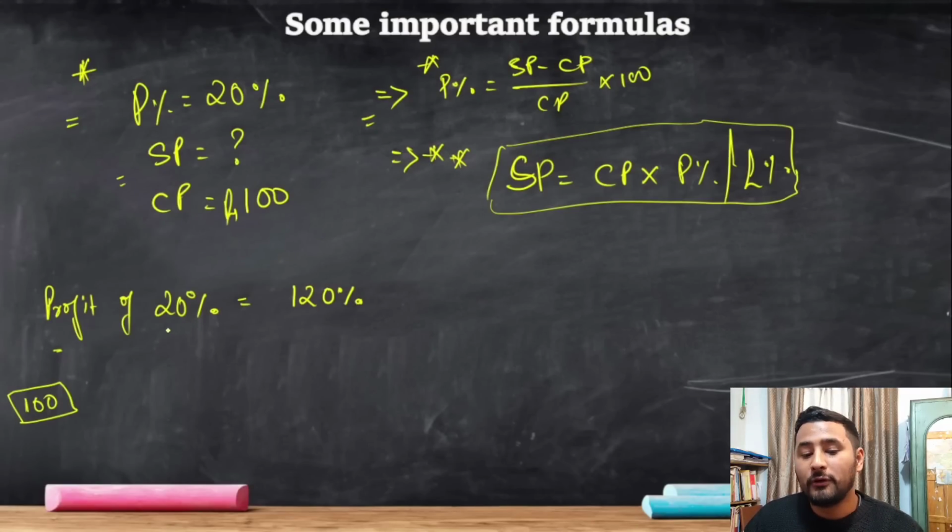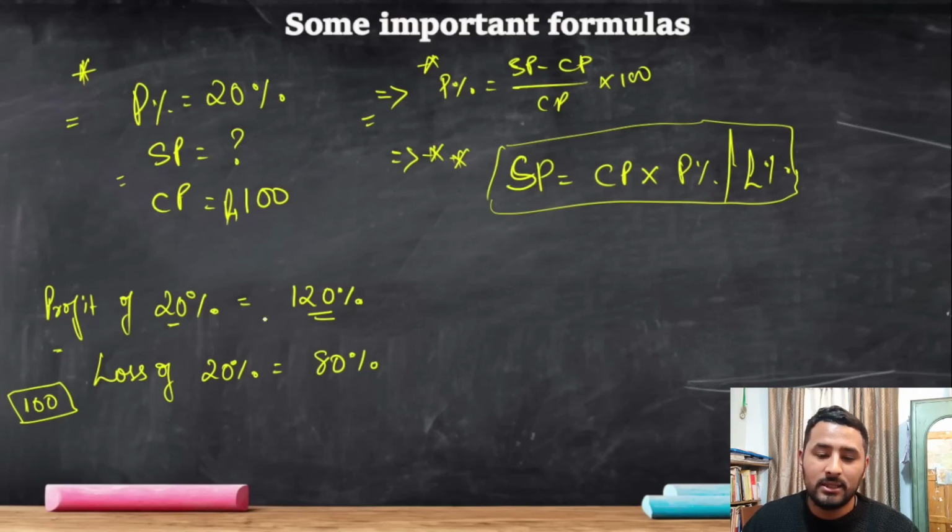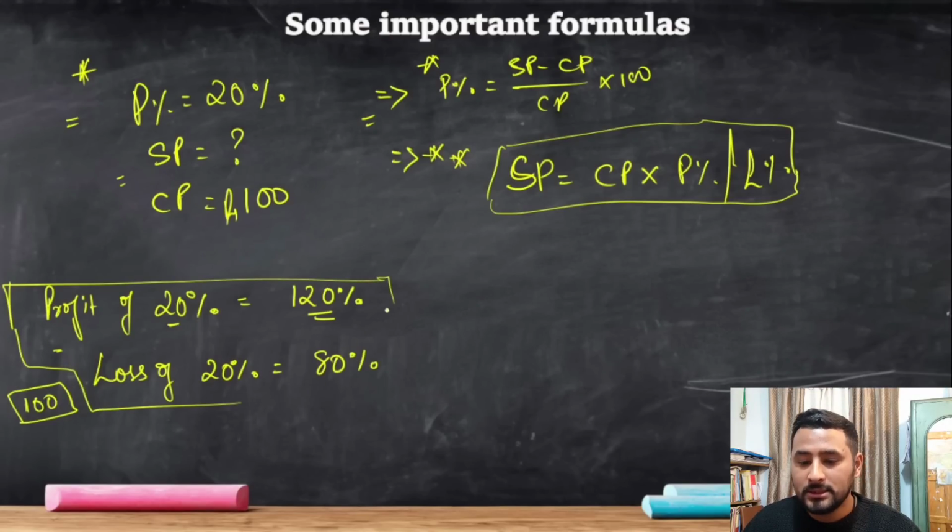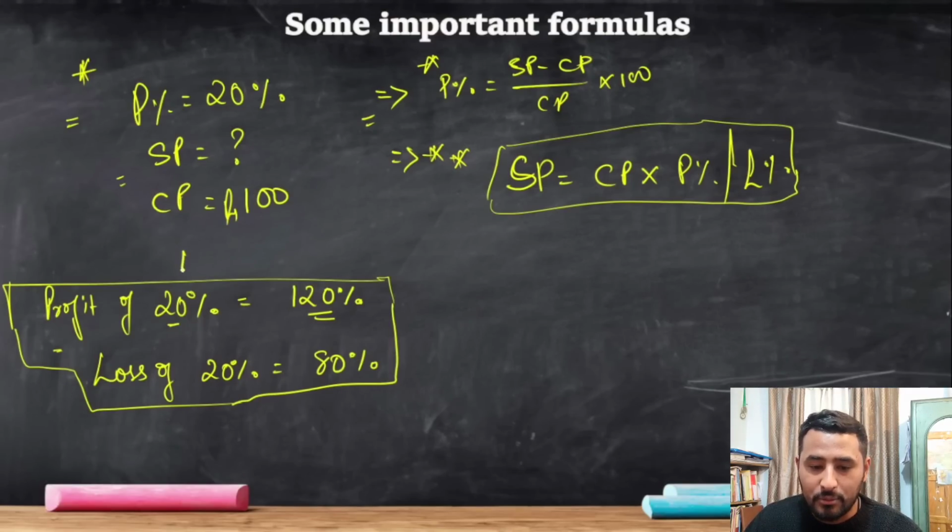So profit of 20% will be written as 120%, and for loss of 20% or any other number, if 100 is the base, 100 minus 20 will be 80%. I hope this is clear. This also you should mark as very important. We'll use this throughout the video. Remember, the base is 100.